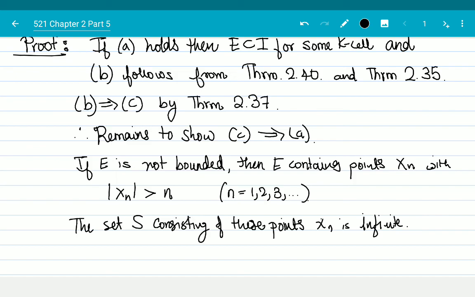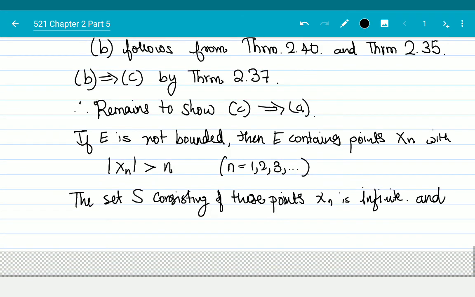If there is a biggest point, it clearly has some n, right? If there is one biggest point, look at its size. It has to be some size. Take n bigger than that. That's a contradiction, right?